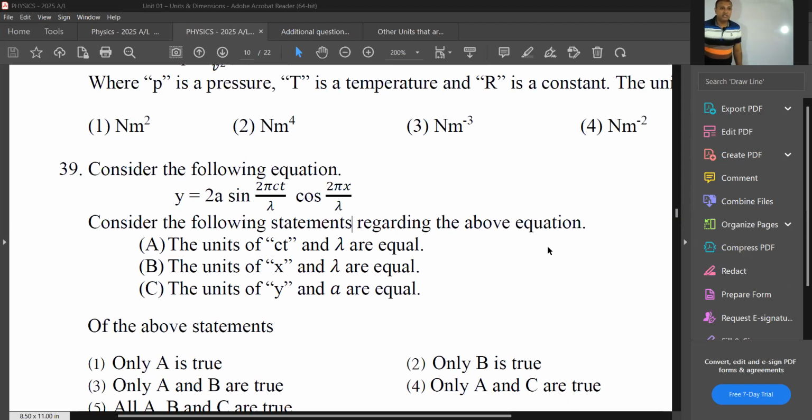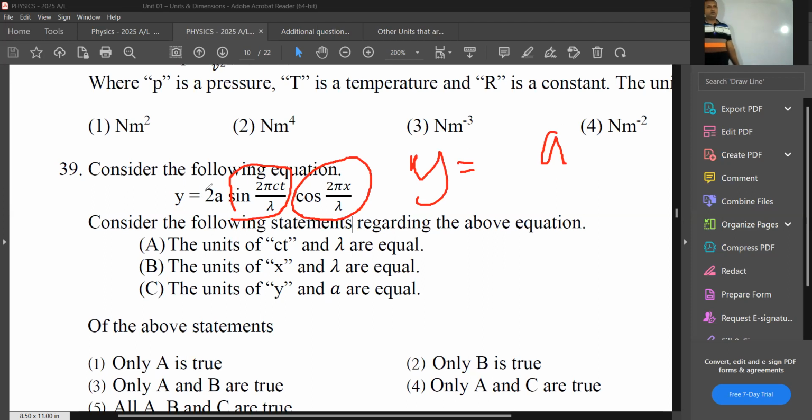Yes, as I mentioned earlier, look at this. This part is a trigonometric ratio. Therefore, it doesn't have dimension. Then what is the remaining part? The remaining part is y and a. 2 is also a number, so it doesn't have a dimension.